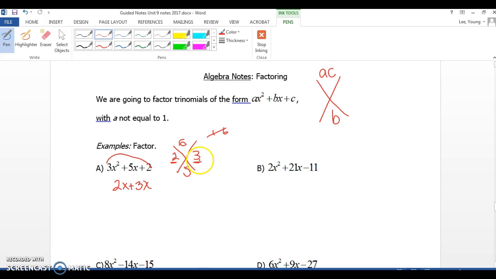Positive 2x, positive 3x. And do they add up to 5x? Correct? So another way to write 5x is 2x plus 3x. Once we are done, we're going to bring down the first term, which is 3x squared, and then we're going to bring down the last term, which is plus 2.